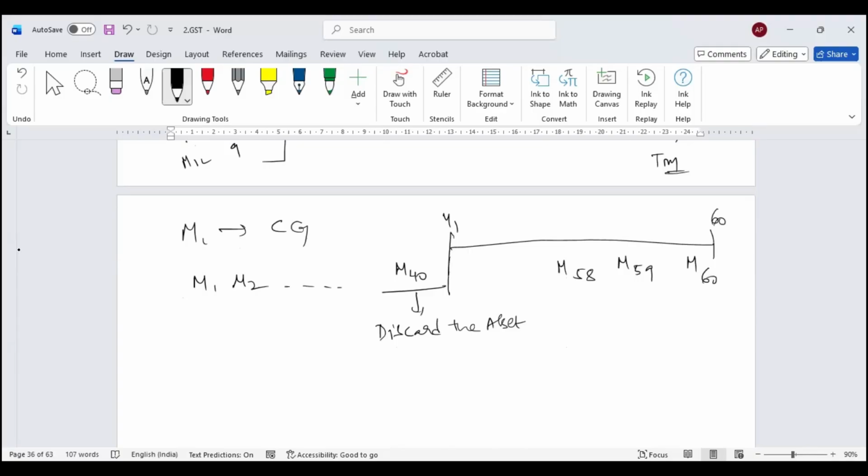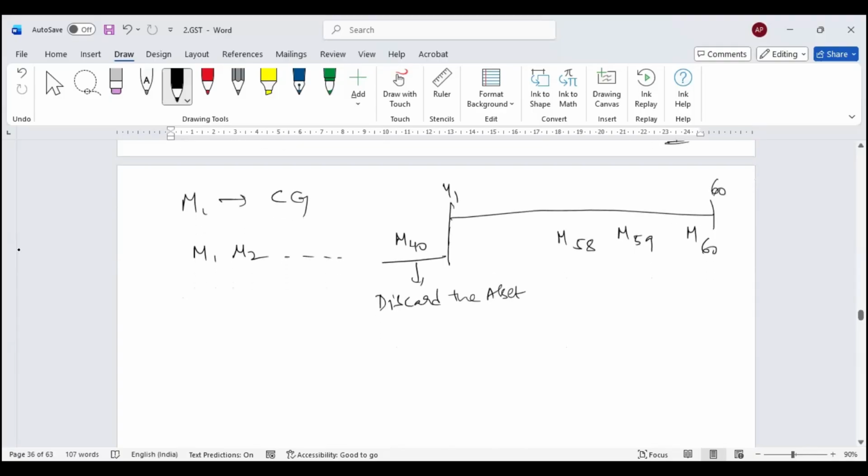Yes, sir, exactly. So when I discard the asset, at that point in time, section 18 comes into the picture. Section 18 says, look, I give you a life of 5 years. Now you have used it for 40 months, 20 months is remaining.